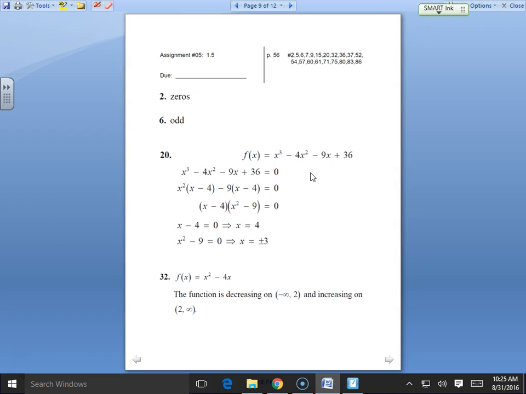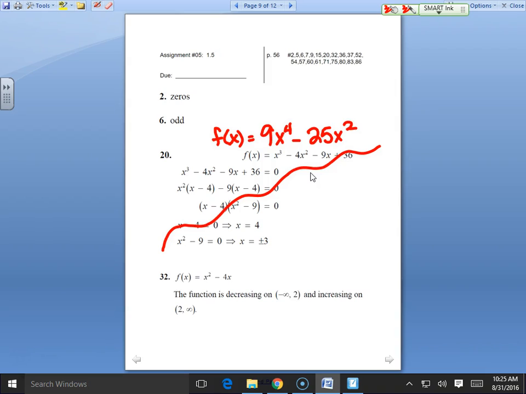Huh? Oh, it's not the same one? No. Lame. Alright, what was your problem? I wondered why I gave you this crazy one. Oh, I did give you an easier one. Was it f of x? Yeah. What do you pull out? X. You could pull out the x squared.